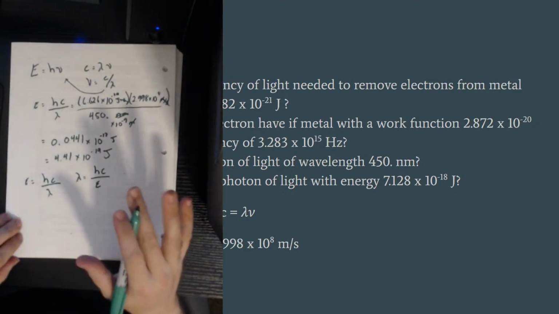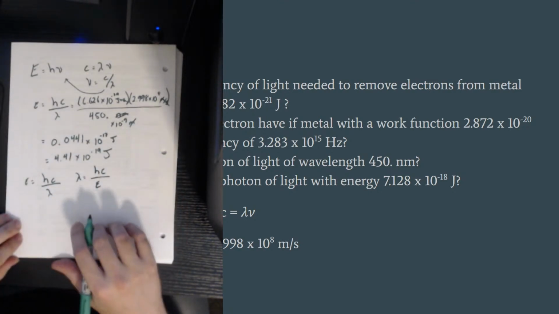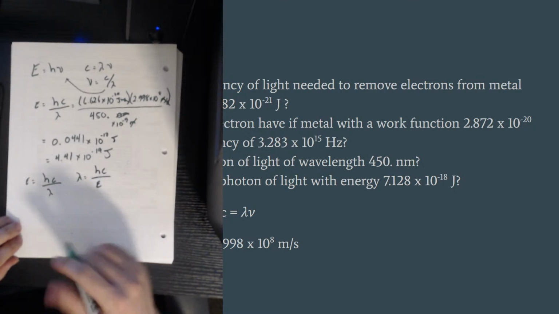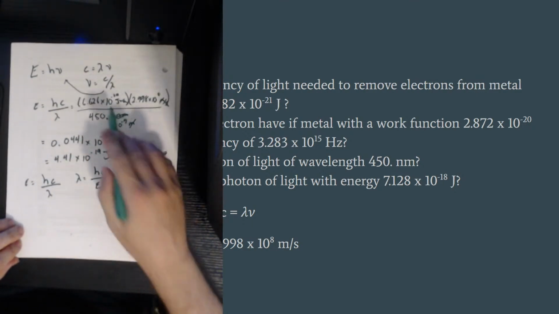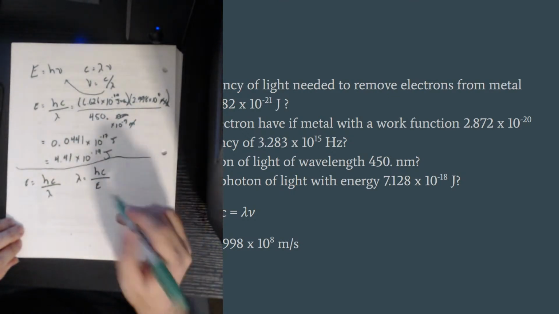Remember, being able to manipulate symbols like this will save you a lot of time so that you can plug it all into a single thing if you have a decent calculator. If not, then you'll have to do this all stepwise. All right, so separate problems.